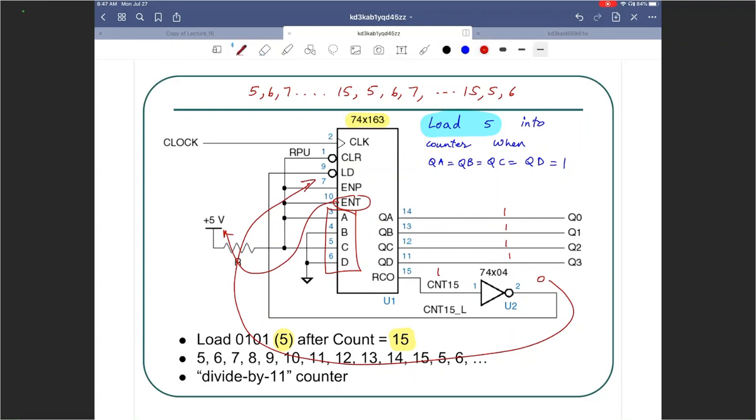Note that 4 to 14 would have also been a mod 11 counter, right? 5 to 15 is 11 states. 4 to 14 is also 11 states. So that is also a mod 11 counter or divide by 11 counter.